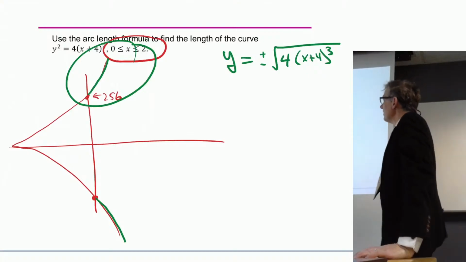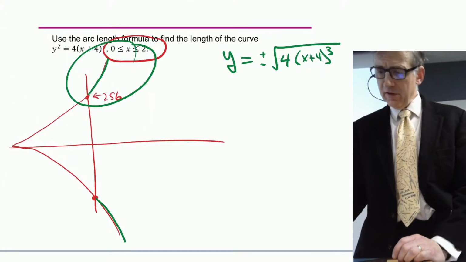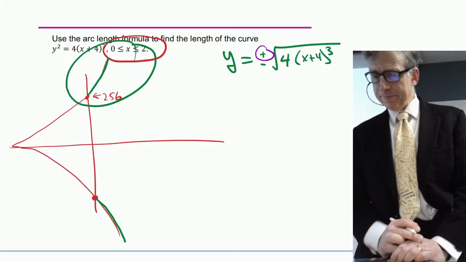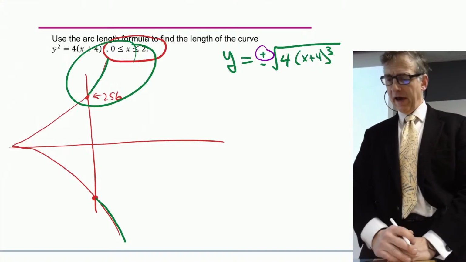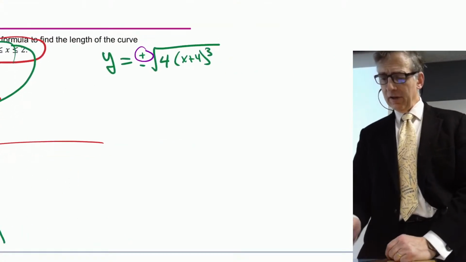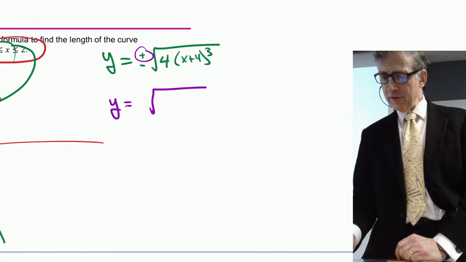Like I said, this isn't a function, positive and negative, so you're going to want to focus on just one of them. I suppose we could add the 2 together, but this will be fine. So let's go with just the positive branch.